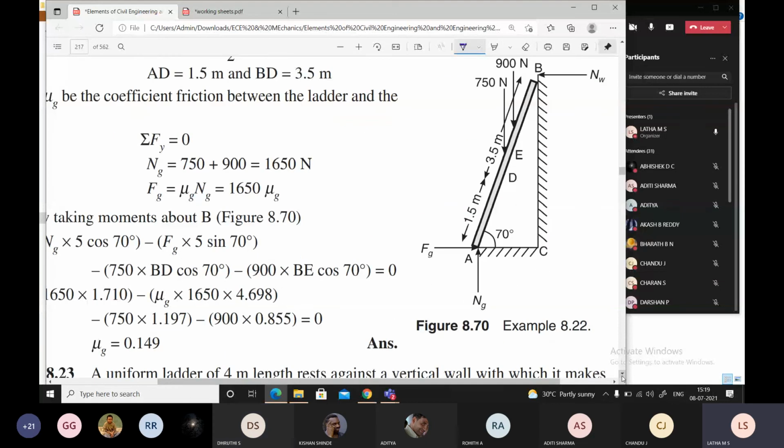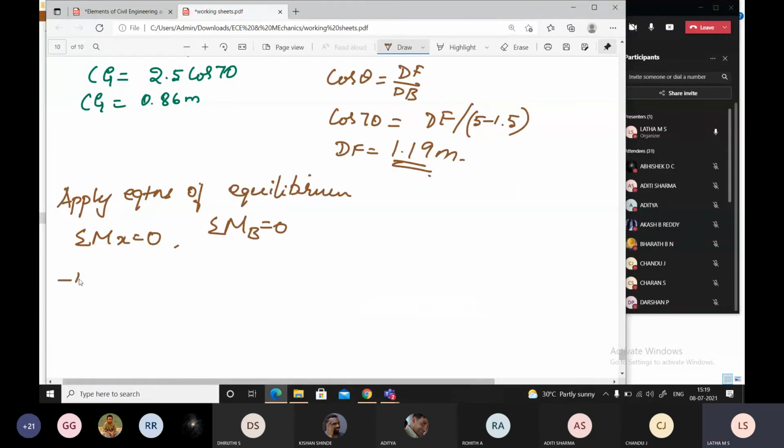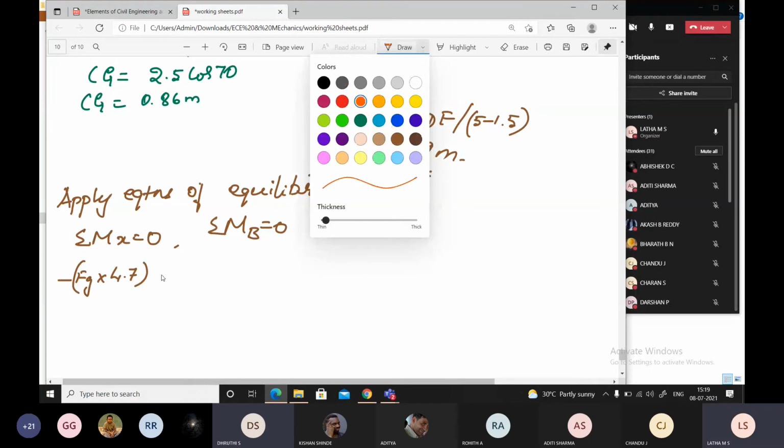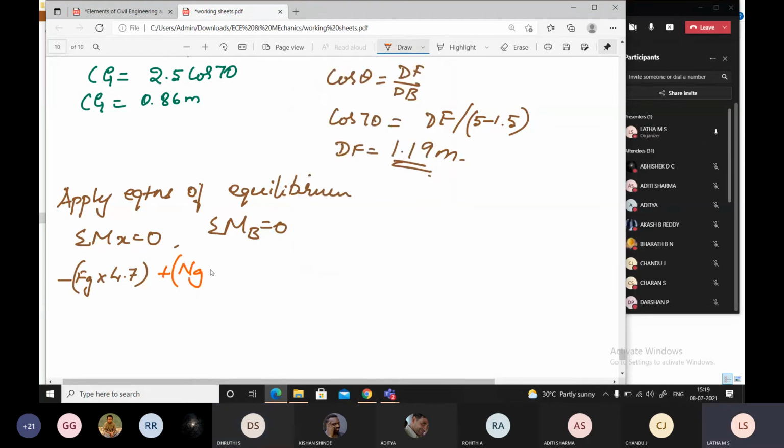Minus FG into 4.7, plus NG into 1.71, minus 900 into 1.19.